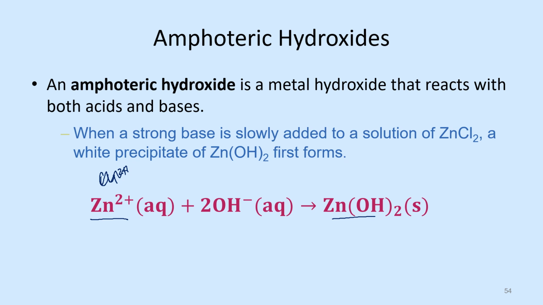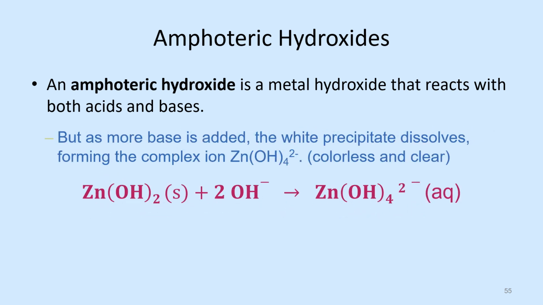But if you keep adding it, eventually you get to the complex. So the zinc itself would be colorless, and then we get a white precipitate, which if you keep adding hydroxide will dissolve, forming this clear colorless complex.